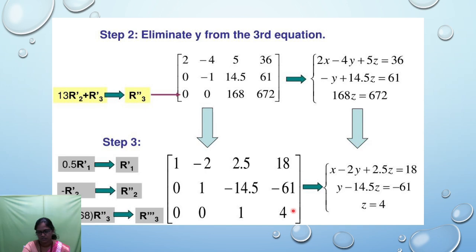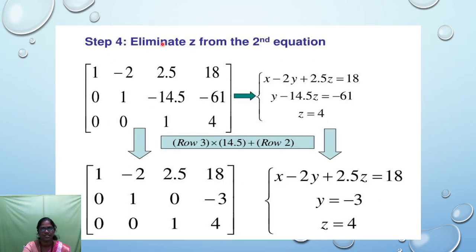Okay. So finally we get the value of z, then substitute the z value. Here the coefficient of z is equal to 4. Okay. In the elimination method we use back substitution to evaluate the values, but here in the Gauss-Jordan method we again operate the same operations to convert this into an identity matrix.